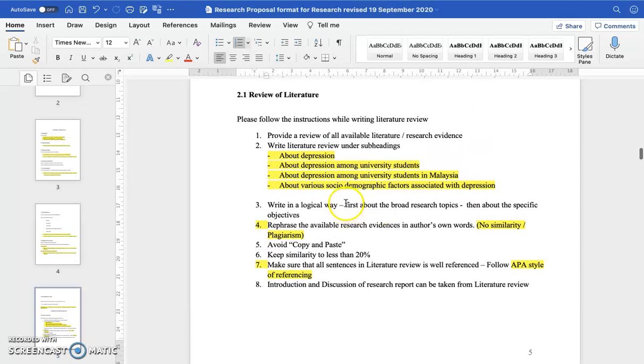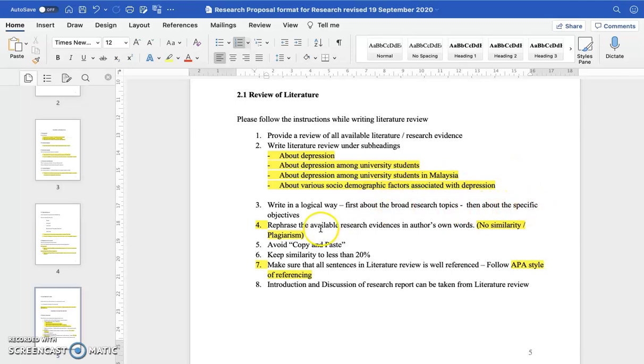First about the level of depression among undergraduate students or university students. Then you have to tell about depression's association with gender, association with age, association with course of study, association with year of study. All these things, association with ethnicity, is there any association?